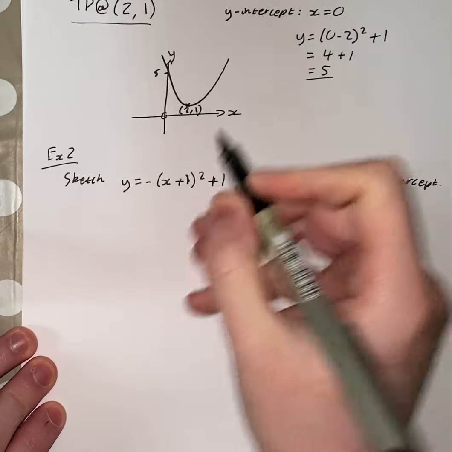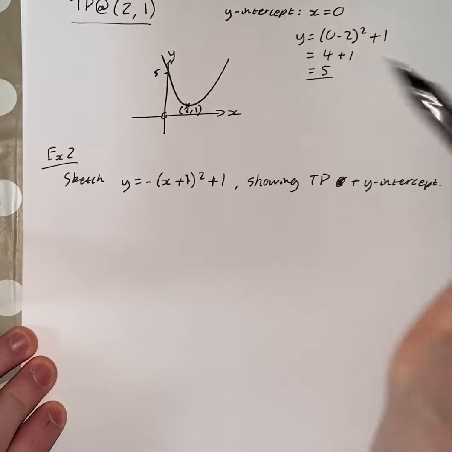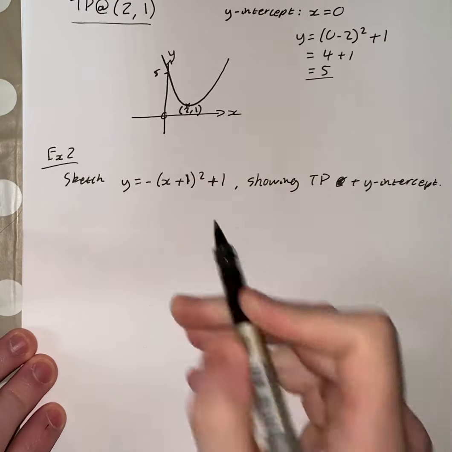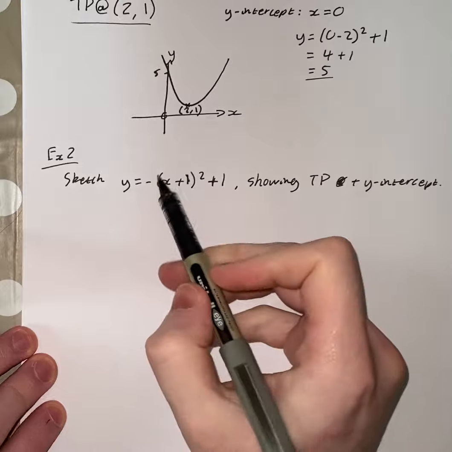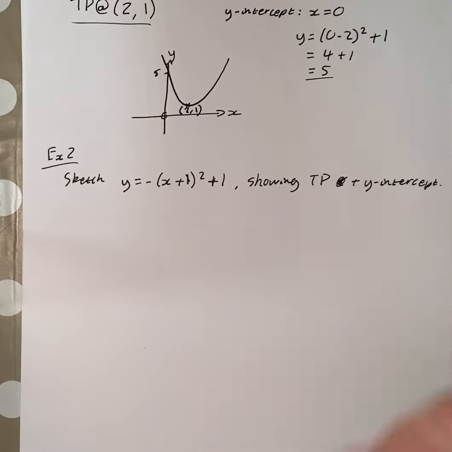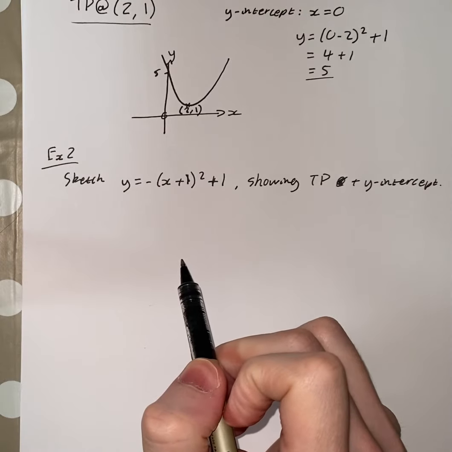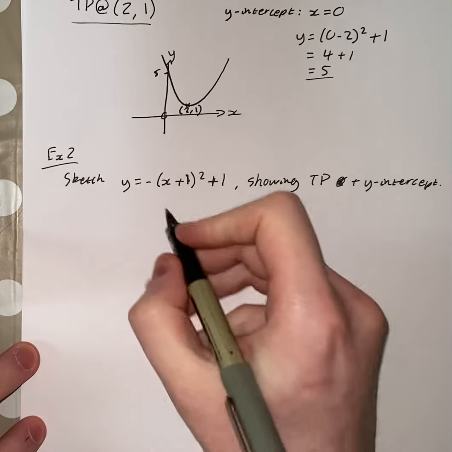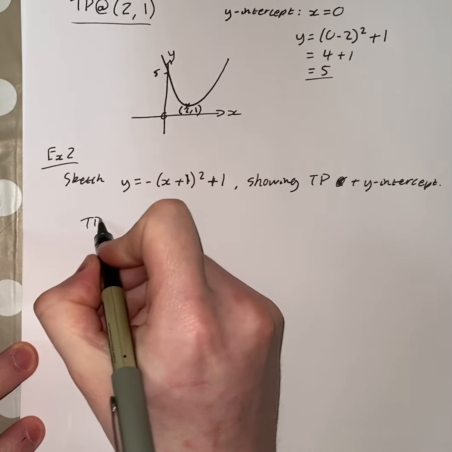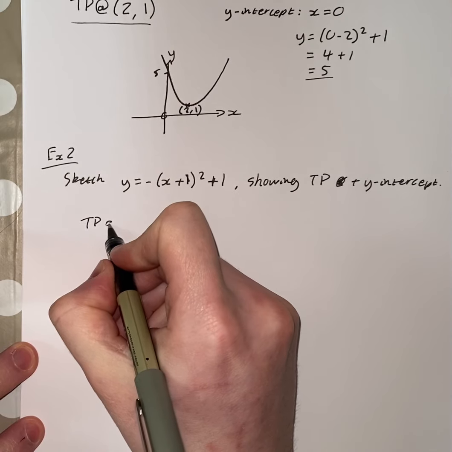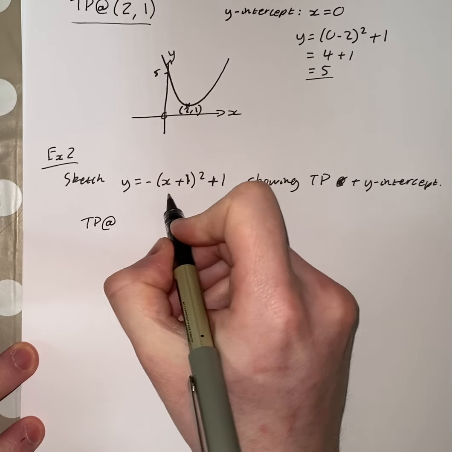Two things have changed here. Where we had a negative in our first example, we've now got a positive inside our bracket, and where it was just y equals (x minus 2) squared, this time we've got a negative in front of the bracket. So our turning point is still done exactly the same.